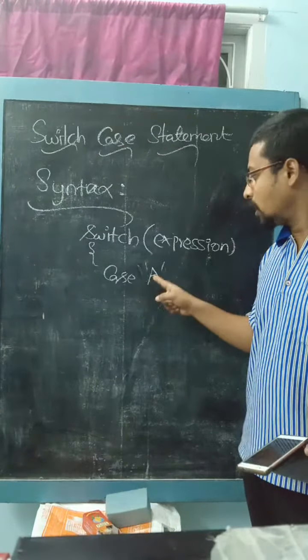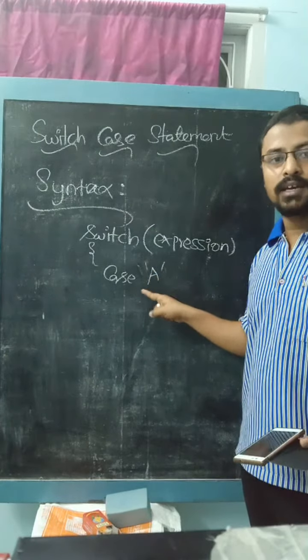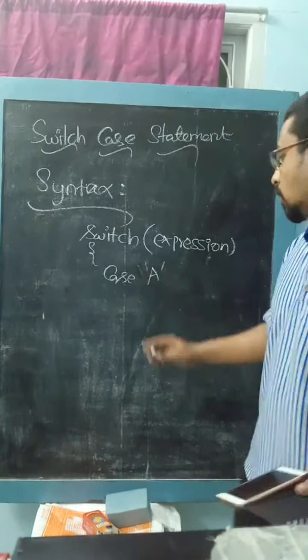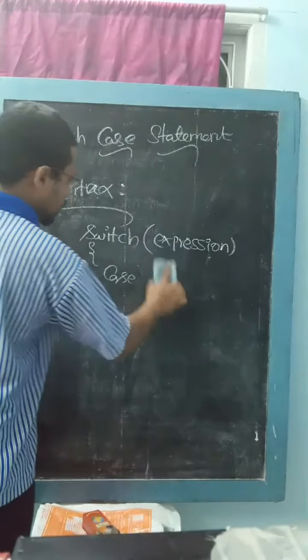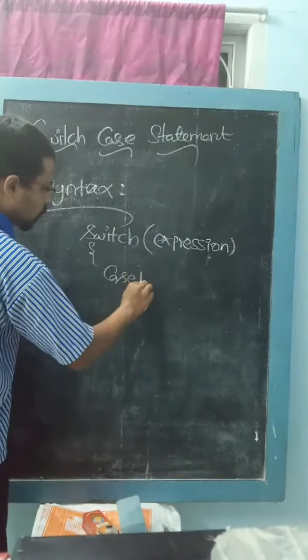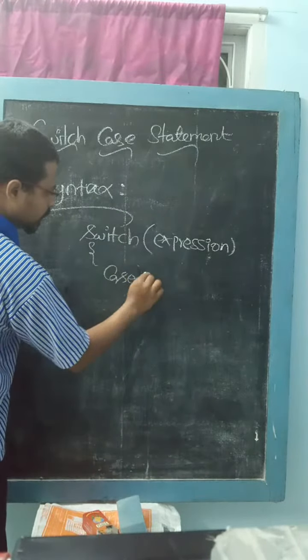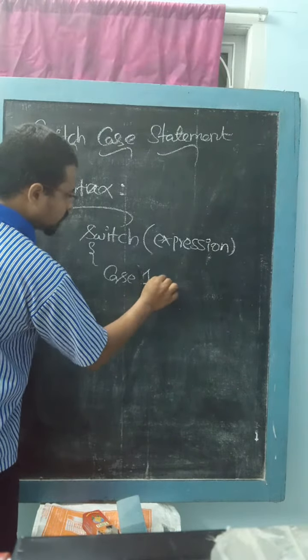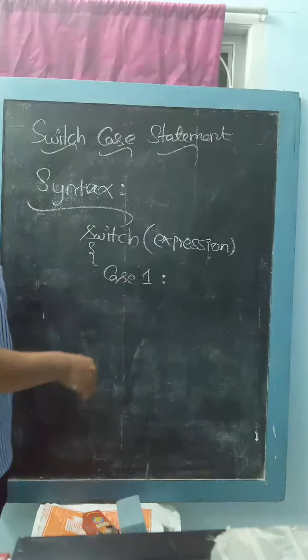So you can use only integral values here. You got it? Okay. I'm just starting from integer values. Case space 1. After that you have to use a colon, not a semicolon.